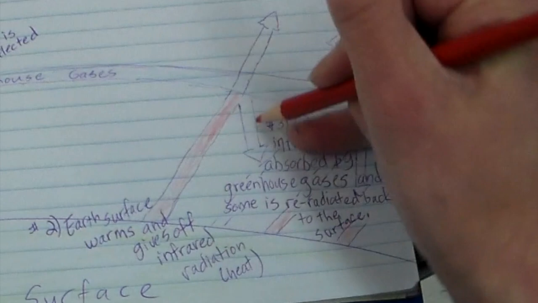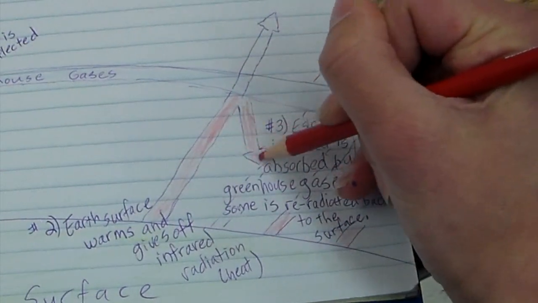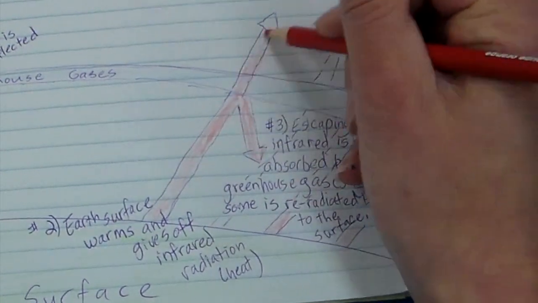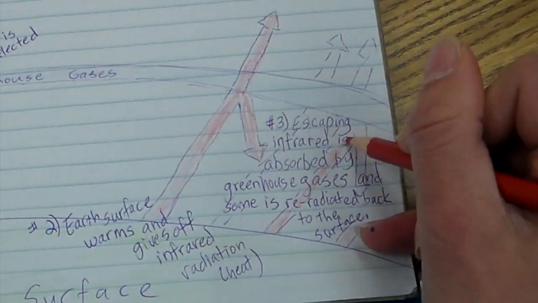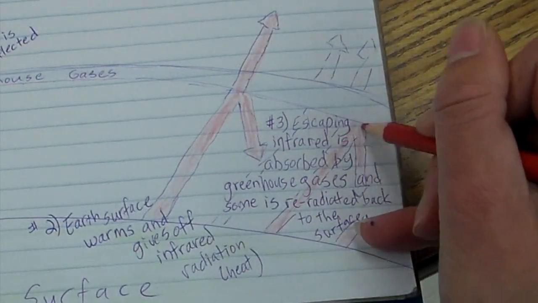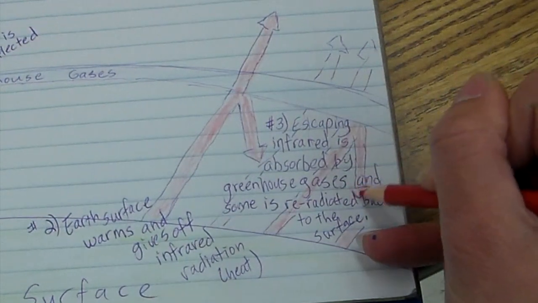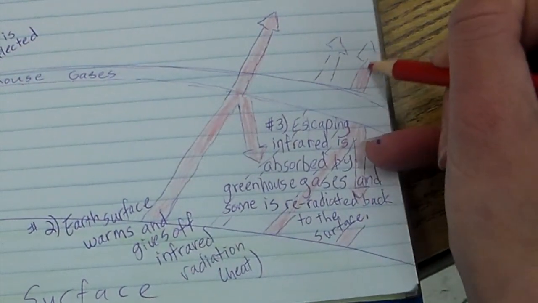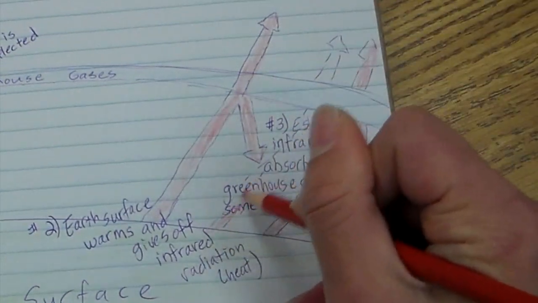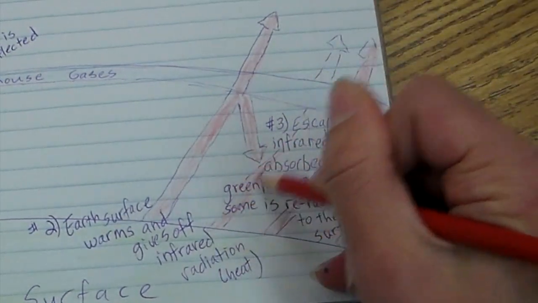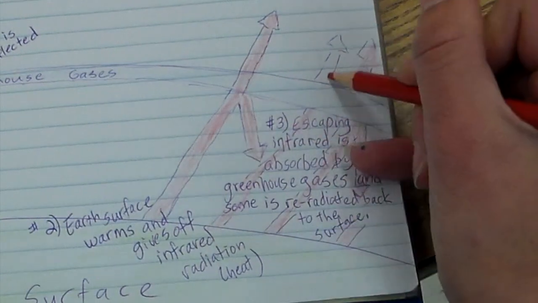So again, we're using red to represent the infrared radiation, and we can see some of it is going to go out into the atmosphere. This arrow continues up here and out.